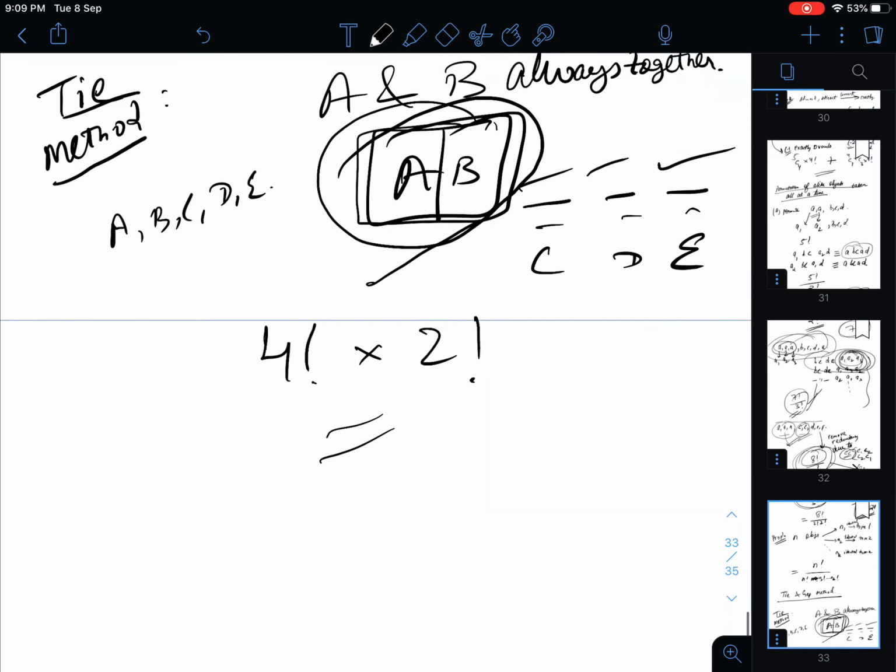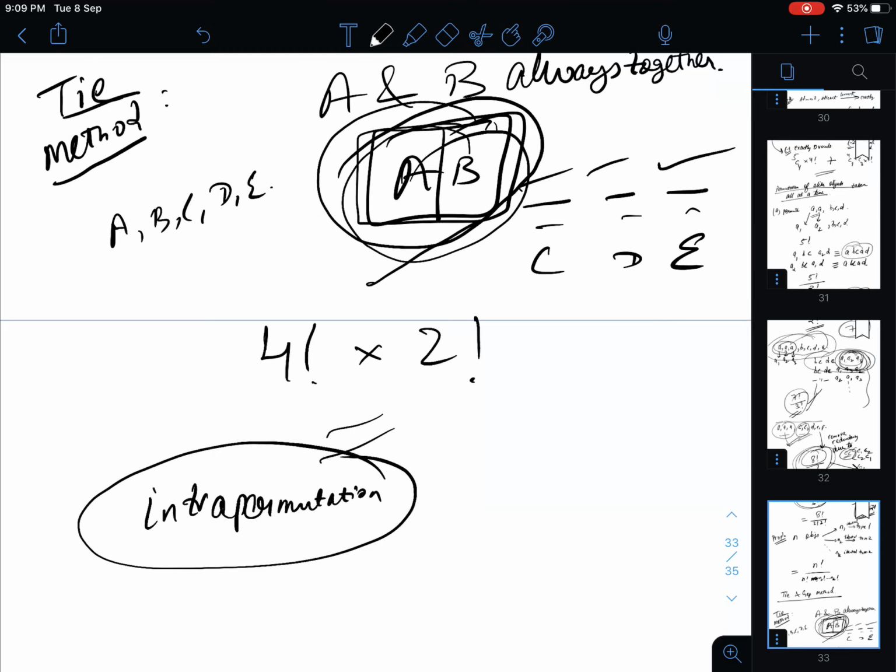Now the permutations of A and B is something which I call intra-permutation, and the permutation of this whole unit of A and B with the other remaining letters is something I call interpermutation. This is not standard terminology, I don't think you will find it in any book, it is something which I use for my convenience.